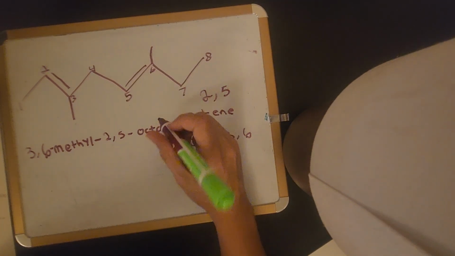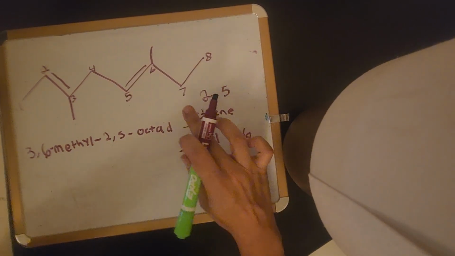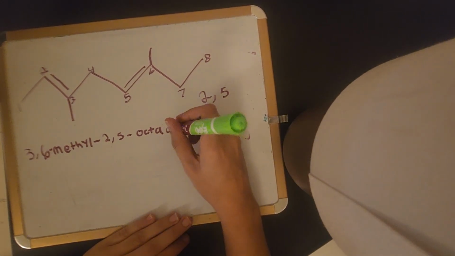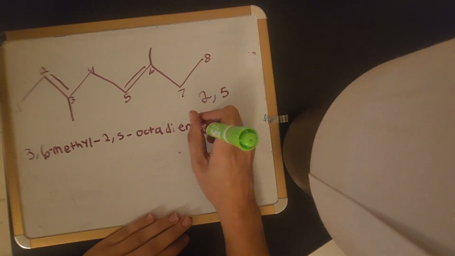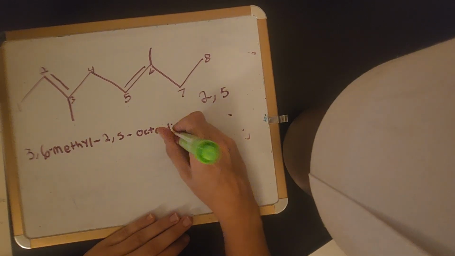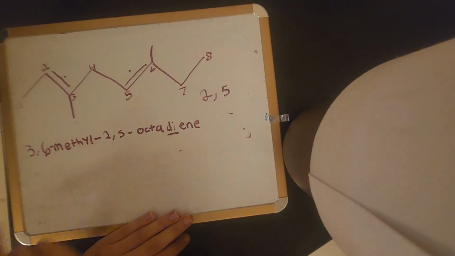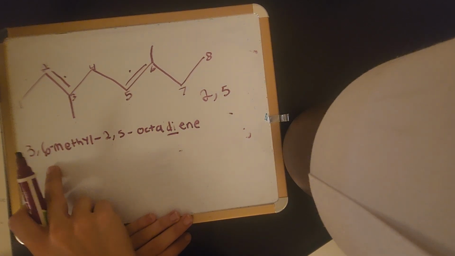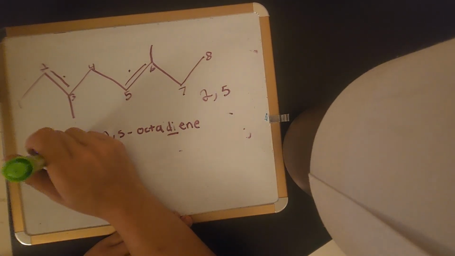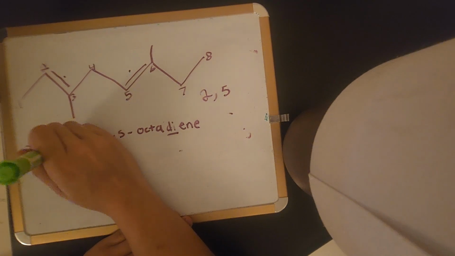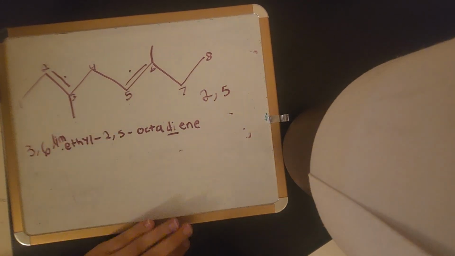Because we have 2, we're going to actually put the prefix di here. Diene. 3, 6. This will also be di. Dimethyl.